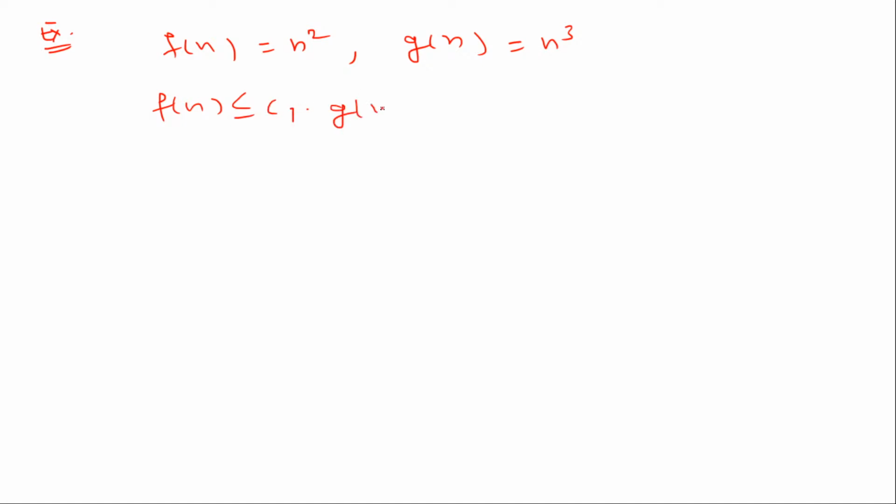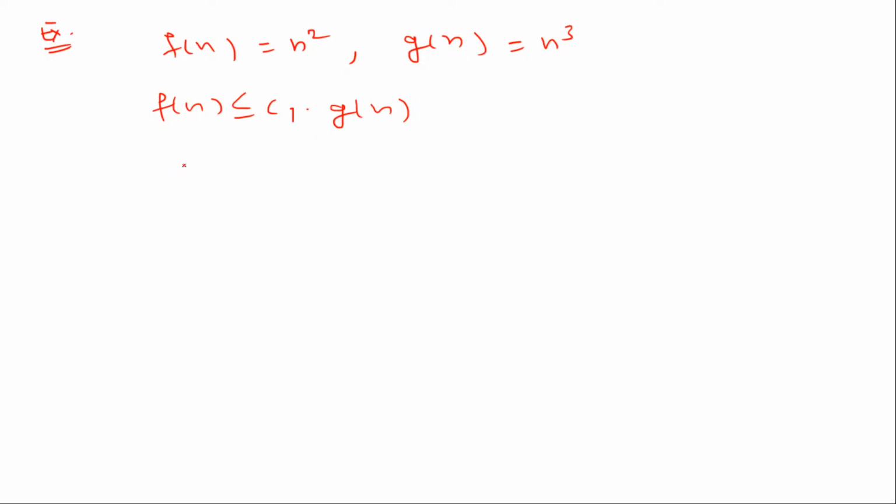Now we take another example. Fn n square, gn n cube. First we check for big O. Fn less than or equal to c1 dot gn.